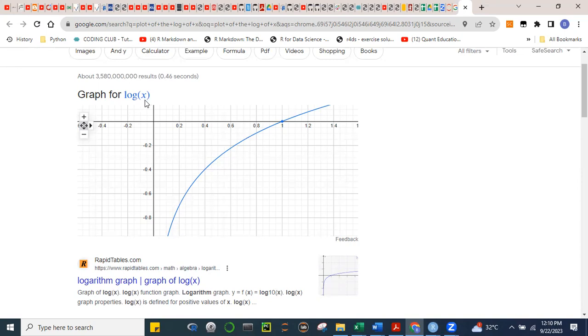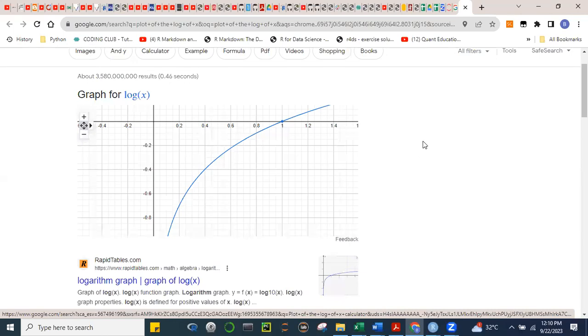The possible values of x, since this is our x-axis, you can only get the log of a number greater than 0 up to infinity. So you cannot take the log of negative 1, because the plot of log of x is asymptotic to the y-axis. That's just what I wanted to say mathematically.